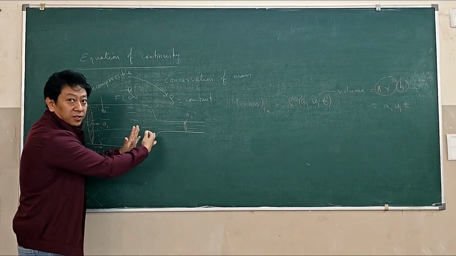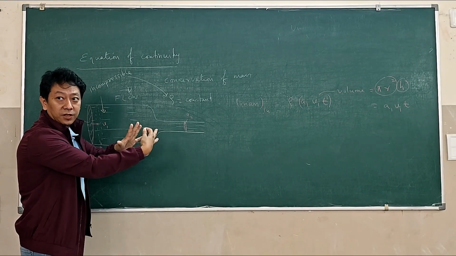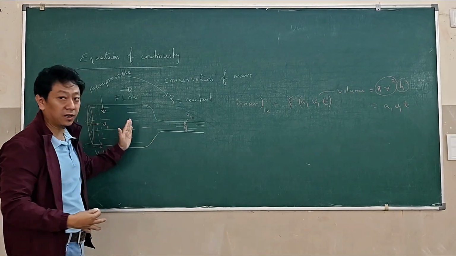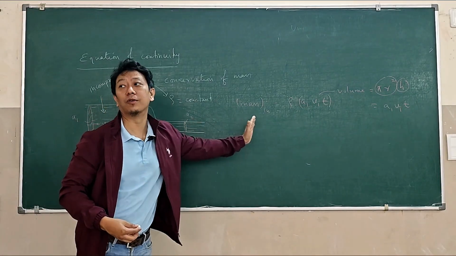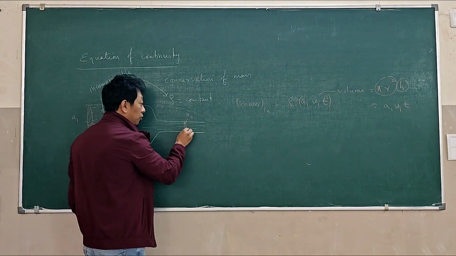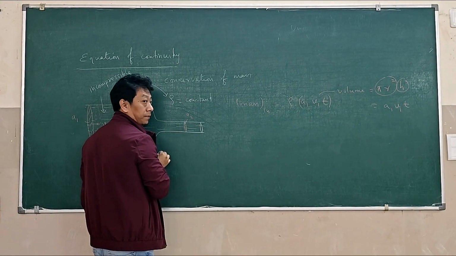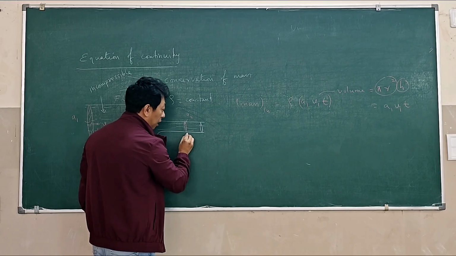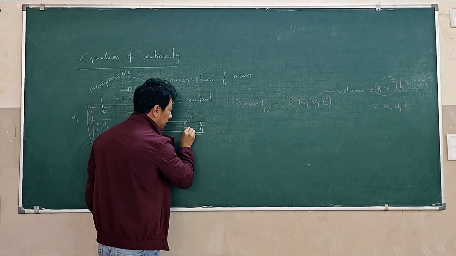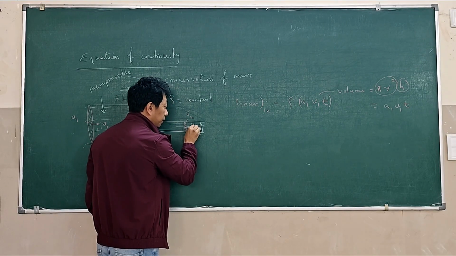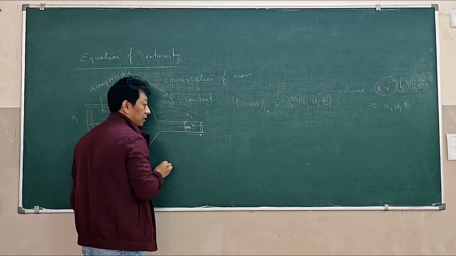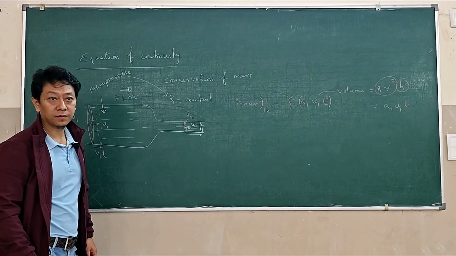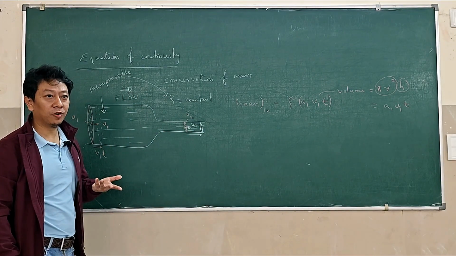During that much time when this fluid reached here, this fluid also should go there because this liquid cannot be compressed. You cannot compress it. So whatever mass came in, same mass should go out. So let's say this one reached here. Then how much mass came out? Let's say here velocity is v2. Then what is this distance? In the same time. Time should be same, no?